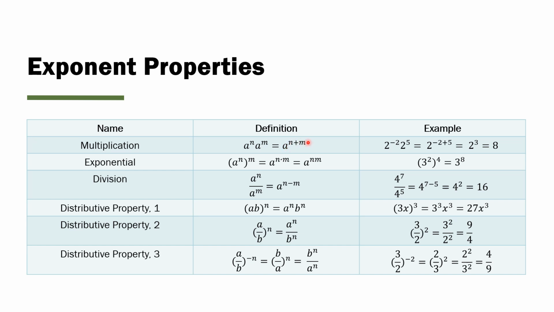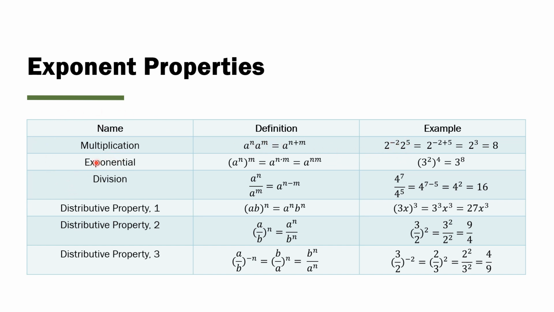This time you add the exponents together. So for example, 2 to the power of negative 2 multiplied by 2 to the power of 5 is equal to 2 to the power of negative 2 plus 5, which becomes 2 to the power of 3, which equals 8. So when you multiply two numbers with exponents, you add the exponents together.